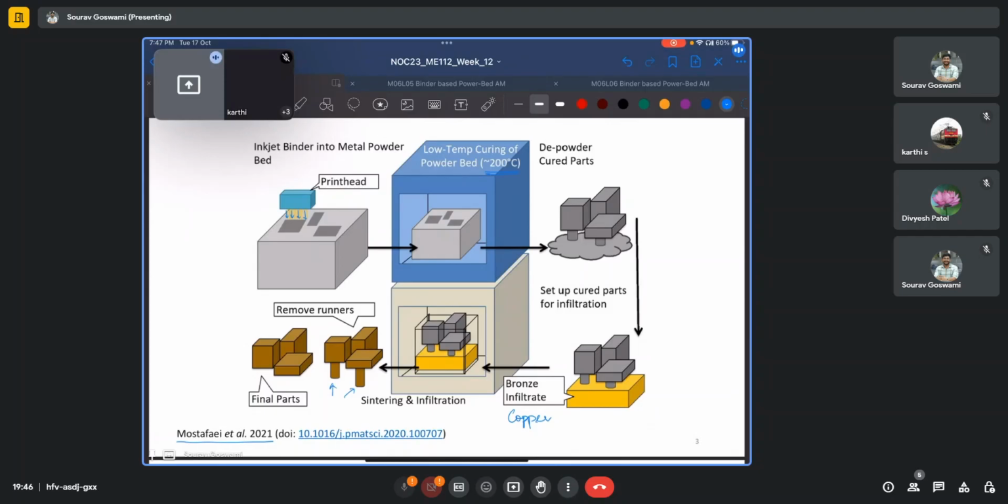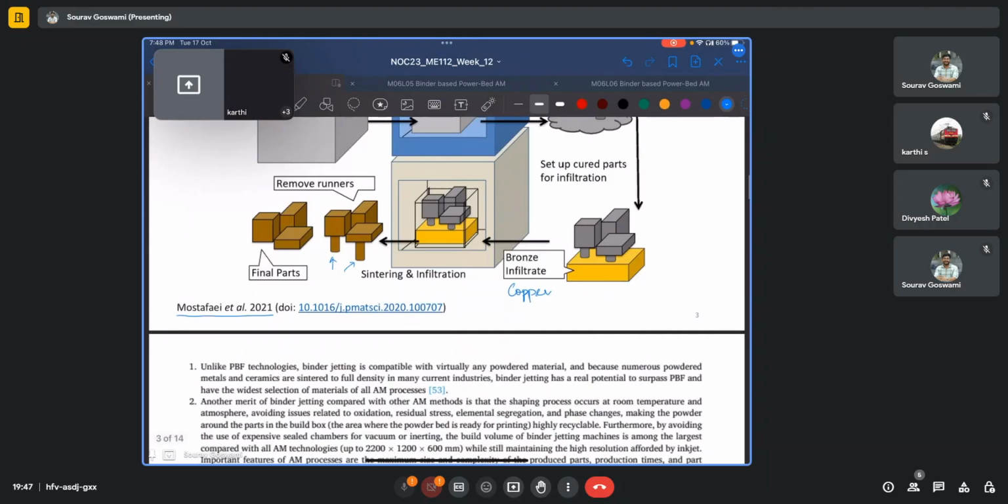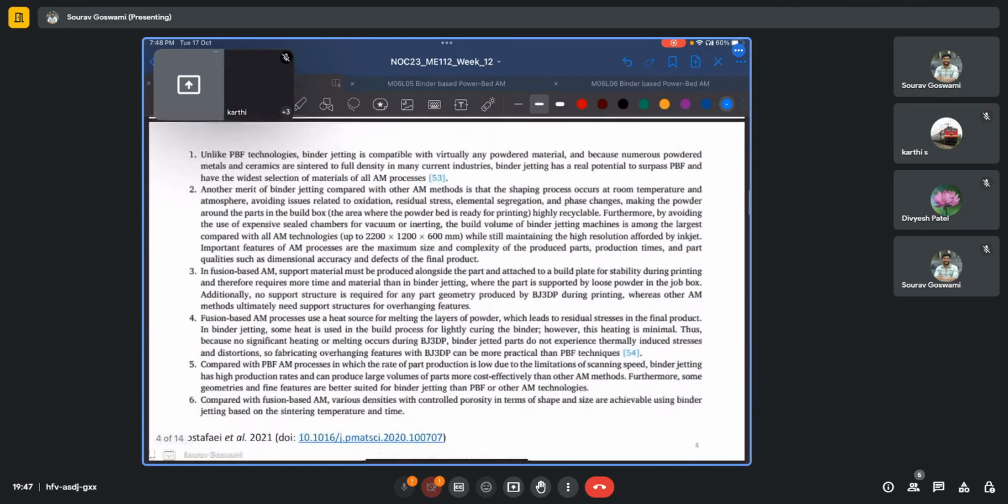Of course, we can clearly see that in such a case, whatever our intended structural material, say I wanted to print a material of steel, even then I will have some extent of bronze or copper in it because of the infiltration step. And otherwise, the density of the part would be very low, say to the extent of 50%, which is undesirable. This is perhaps a limitation.